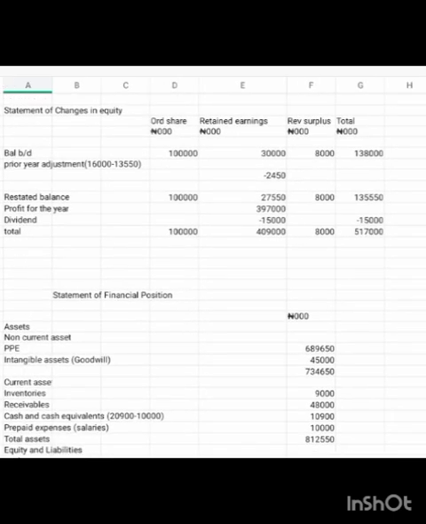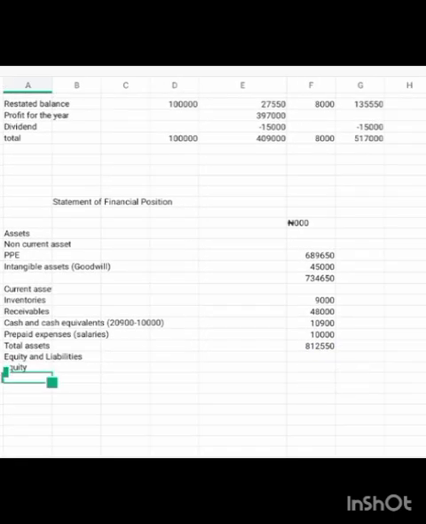We have ordinary share capital, retained earnings, and revaluation surplus.